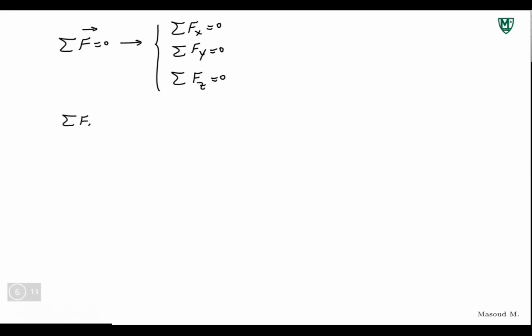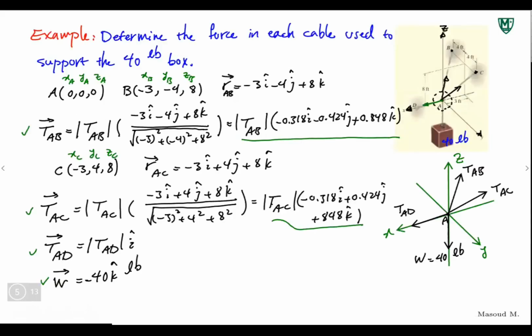Now in X direction, summation of forces in X direction is 0. This gives me, if you go back there, what I'm going to write now is summation of forces in each direction, right? TAB minus 0.318 TAB, minus 0.318 TAC, which is components in X direction, and TAD I. These are only, I'm looking at components with I, right?